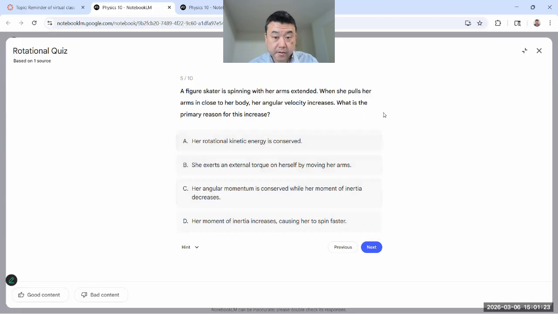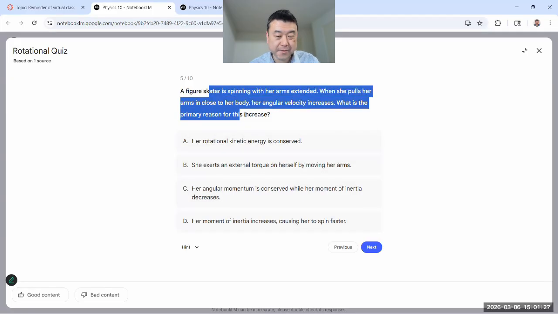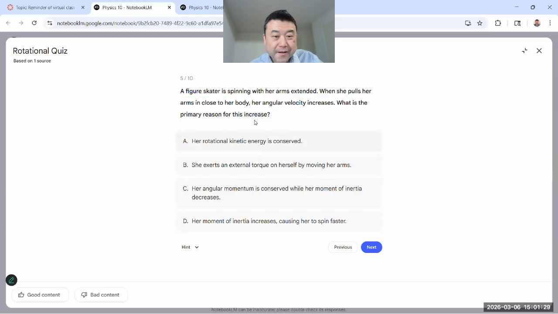Figure skater. This is an example I was using in the lecture because I saw it in the textbook. Primary reason for this increase: her rotational inertia decreases. This one. Her rotational kinetic energy is actually not conserved.